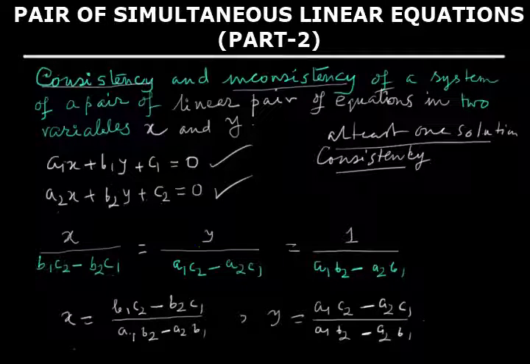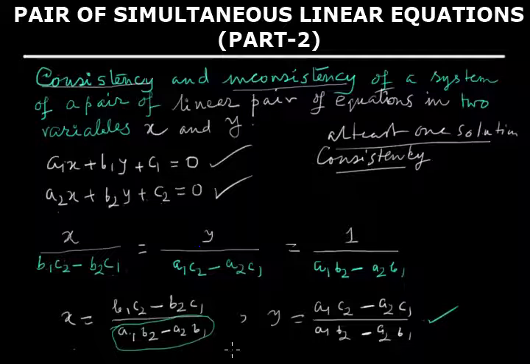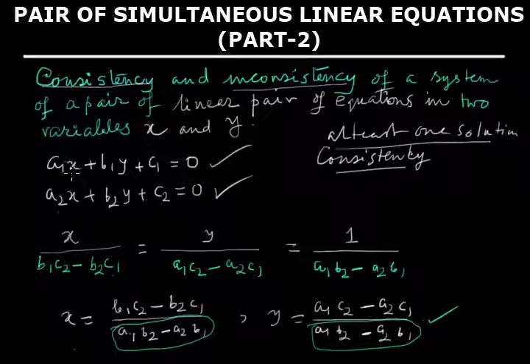The other is y is equal to this. But go through this one. Both denominators contain this product, if we cross multiply, a1 b2 minus a2 b1.